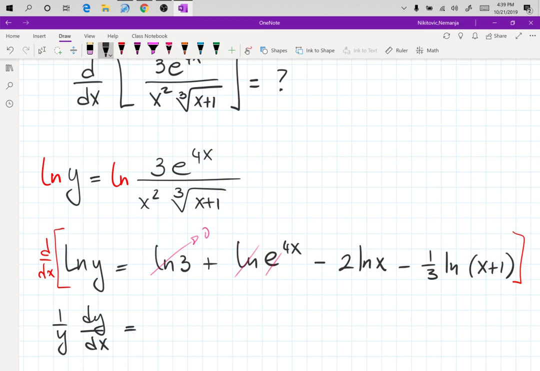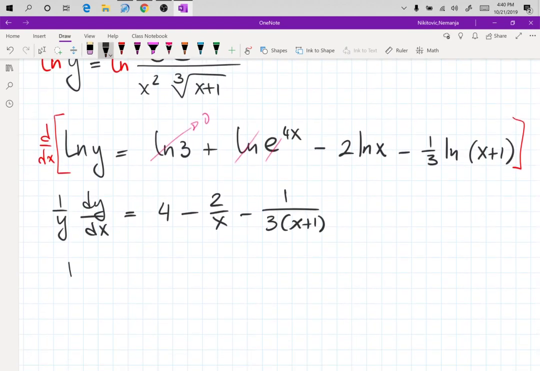So the derivative of 4x is just 4, minus 2 over x, because the derivative of ln x is 1 over x, and then you have times 2. And then minus 1 over 3 times x plus 1, because the derivative of ln of x plus 1 is 1 over x plus 1, and then you have times 1/3.